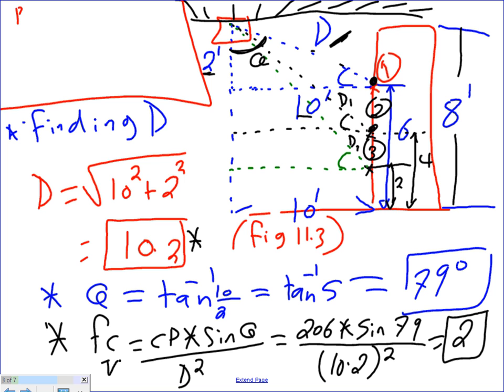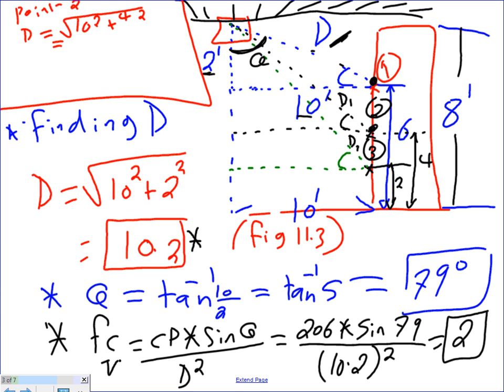Everybody can see that at point 2, what's the D? It's 10 squared plus, at 4, 8 minus 4, which is 4 squared.